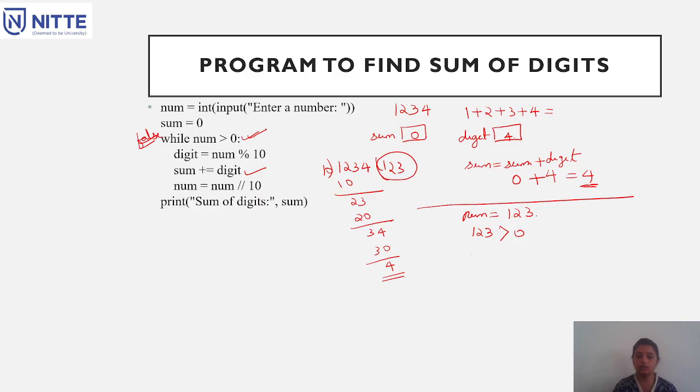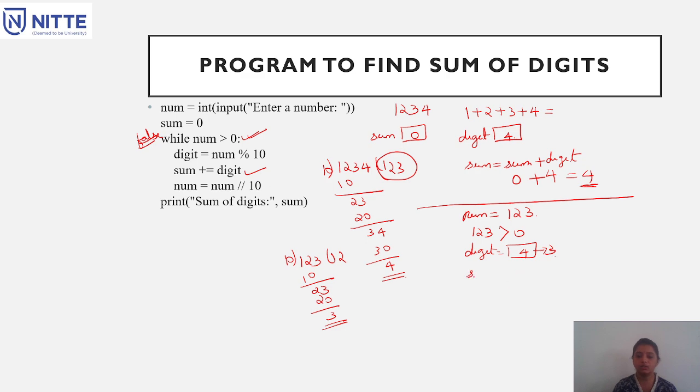I will enter into the loop now. Now the digit is equal to 4. Now, how should I calculate the digit? 1, 2, 3 has to be divided by 10. 10 ones are 10. I have 2. 3 is there. 10 twos are 20. I get 3 as my remainder. So digit from 4 has become 3.